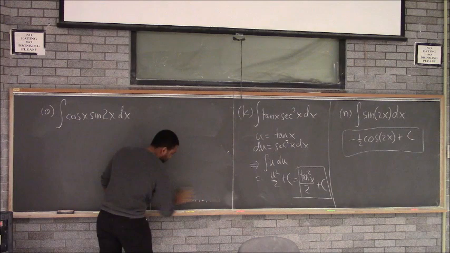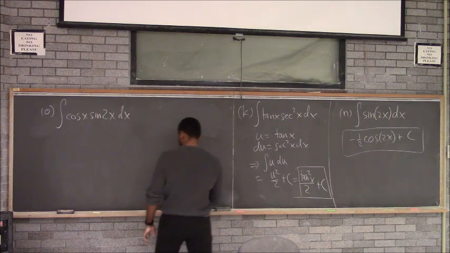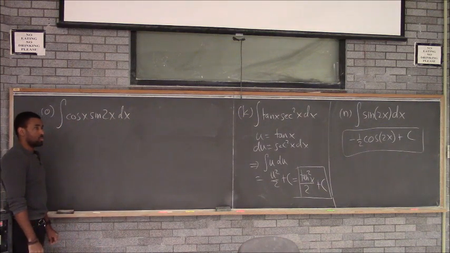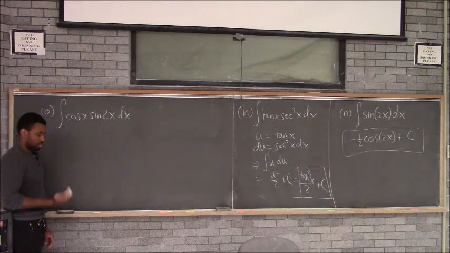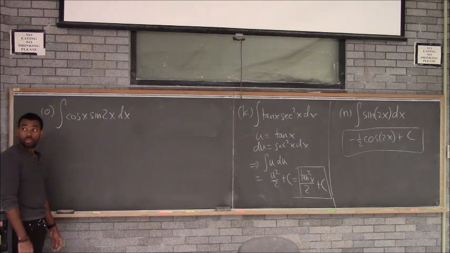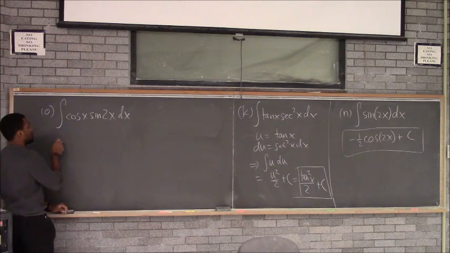What did you do here? Yeah, I feel like you should start with the double angle formula of sine 2x, which is 2 sine x cosine x.